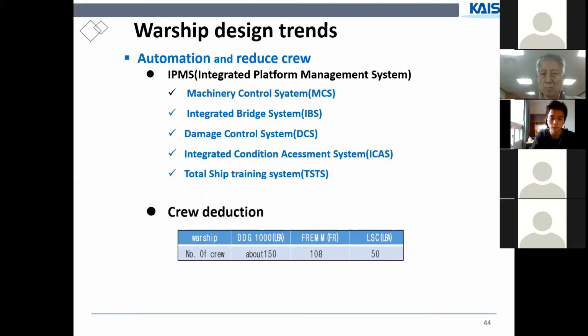But in my country, the crew is still very large, many crews are working. About 200 maybe in a destroyer like that, 150 to 200 maybe.